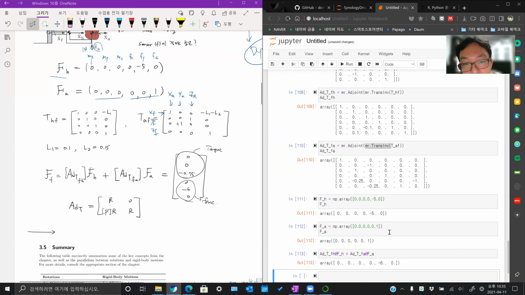Even though in this case there is no torque in here, I don't know why.